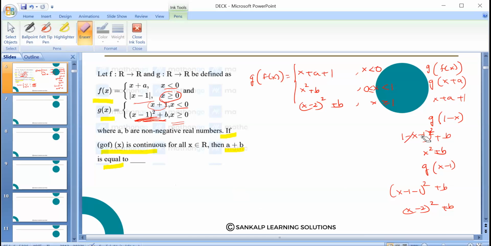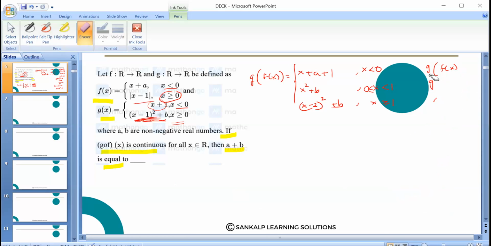It is continuous. This piecewise function is continuous. What does it mean? Left limit is equal to right limit. At x equal to 0, we will see.